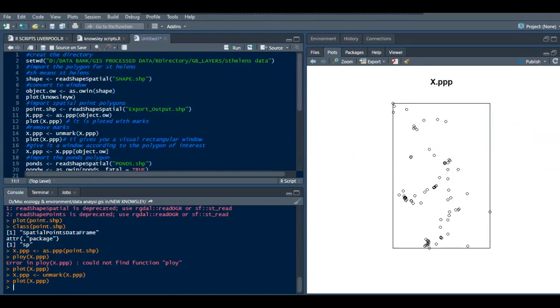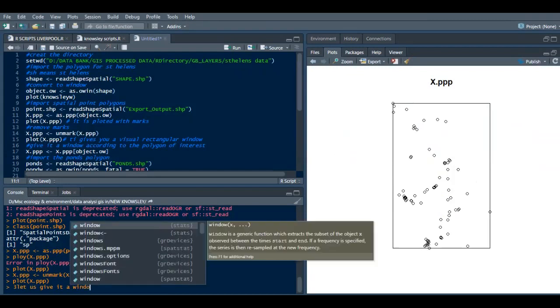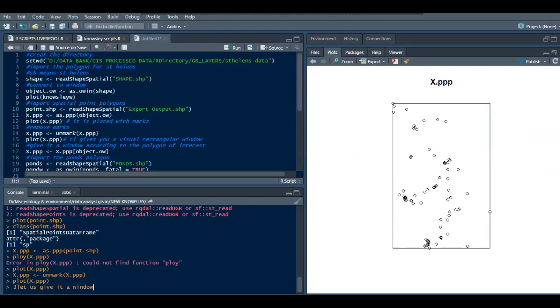We need to give it a window as well. So let's give it a window.